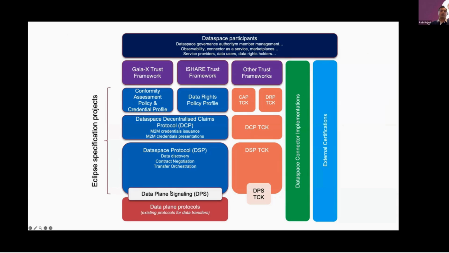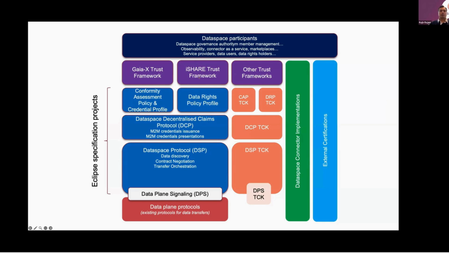Right. So at the very bottom, you see actual data being shared and data plane signaling, which is nicely acting as a bridge between data plane and control plane, which is from the data space protocol and decentralized claims protocol, which enables you to connect to exchange credentials.